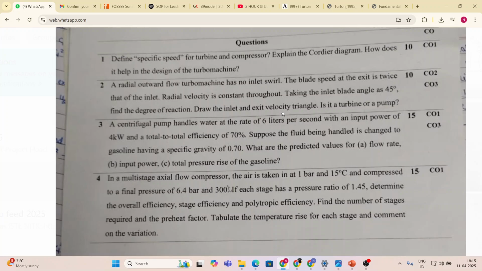The blade speed at the exit, U2, is twice that of the inlet, so U2 is equal to twice U1, and radial velocity is constant throughout, so CR1 is equal to CR2.